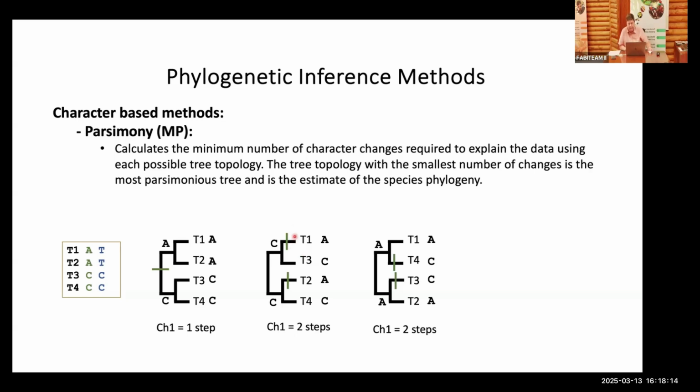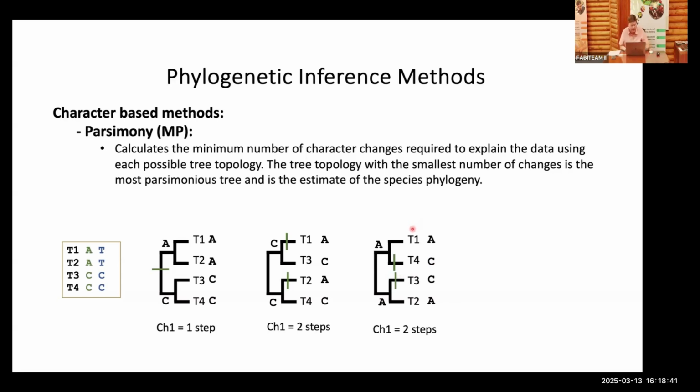We put C there and C there, because that will cause the fewest changes. So you can see there's no change there. Now we only have one change, C to A, and C to A here. So in total that brings us to 2 changes. And the same principle applies to the third tree topology.